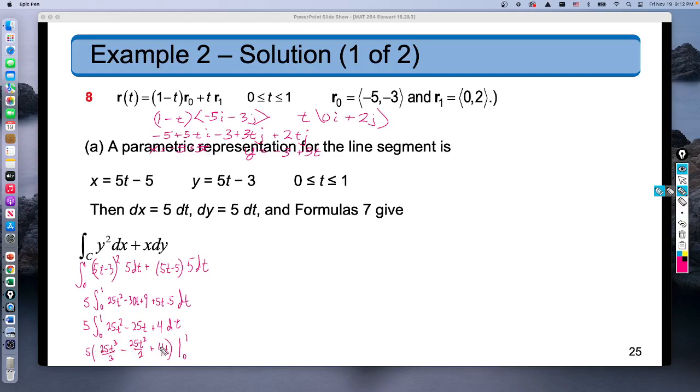Times 5 is still 0. So then we plug in 1, and we should get 5 times 25 over 3, minus, plug in 1, 25 over 2, plus 4.